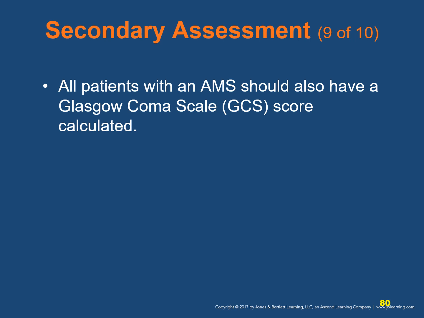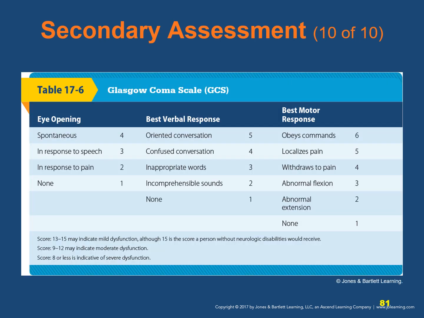All patients with an altered mental status should also have a Glasgow Coma Scale or GCS score calculated. The table on this slide displays the Glasgow Coma Scale. This is table 17-6. It's in your text.